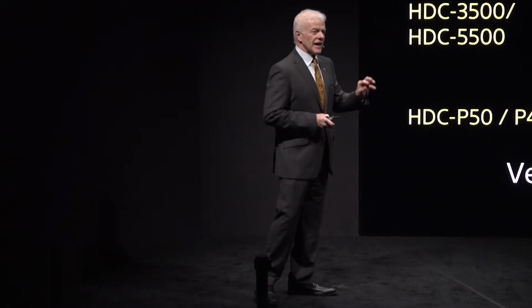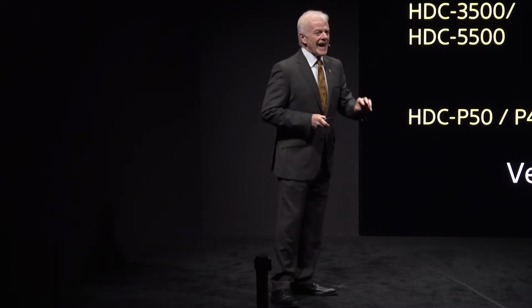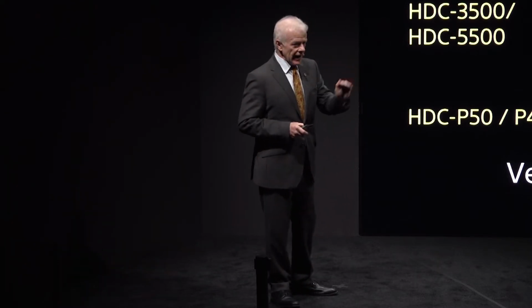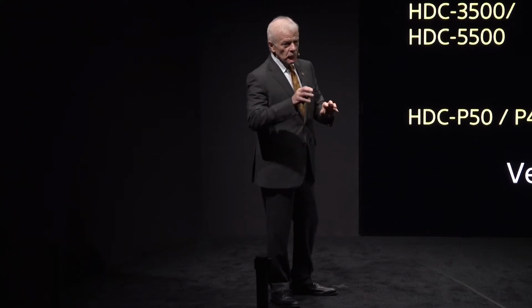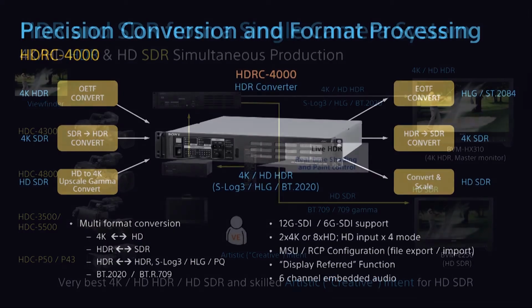Why? Because that signal cannot be compromised. You cannot create artifacts on the SDR layer. Then the operation of painting will affect the layer of HDR, and then at the same time you will be producing an HDR signal and an SDR signal with excellent quality, each one of them.